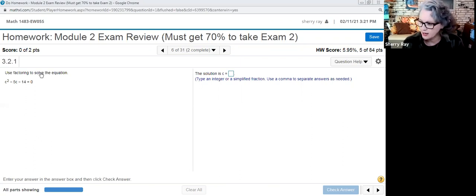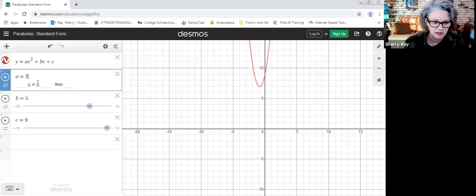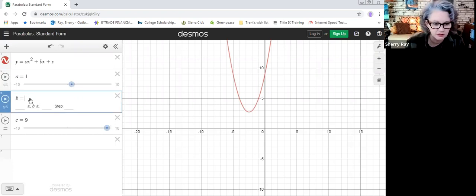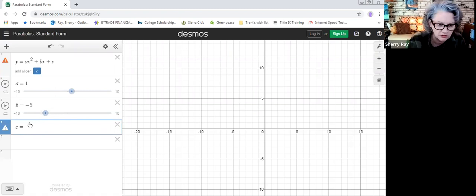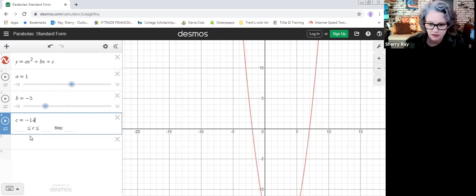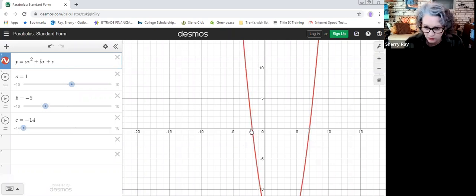And I'll show you what I mean here in a minute. Okay, so I have c squared, which the coefficient is 1. And I have to think of x's. Minus 5c, or minus 5x, and minus 14. Now, if I have my graph, I can click over here, and that shows me my x-intercepts at negative 2.